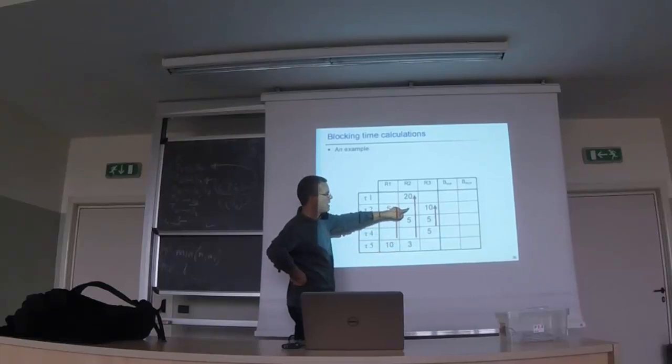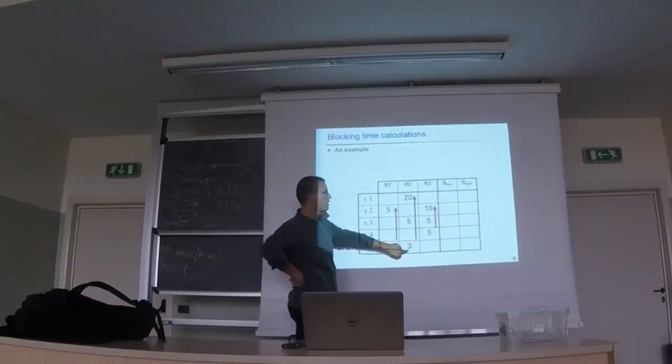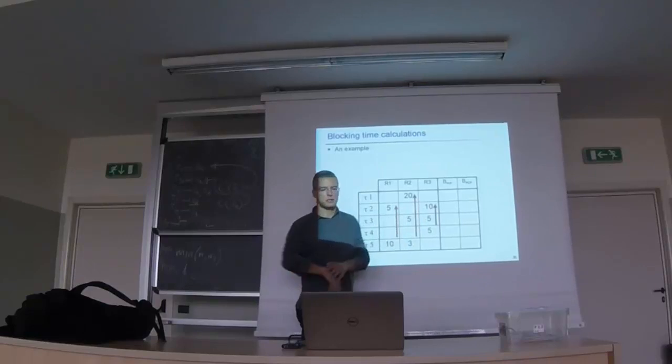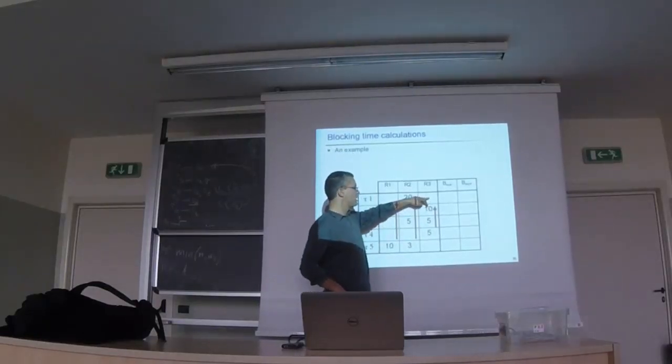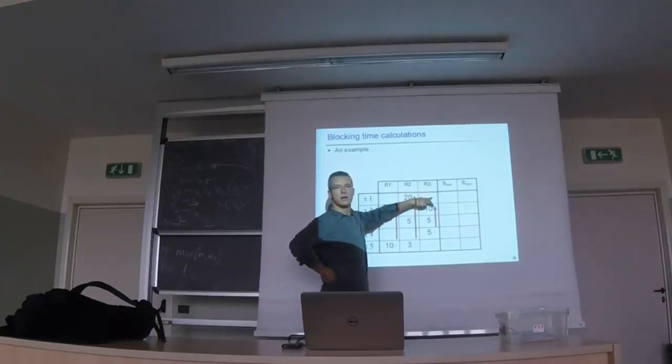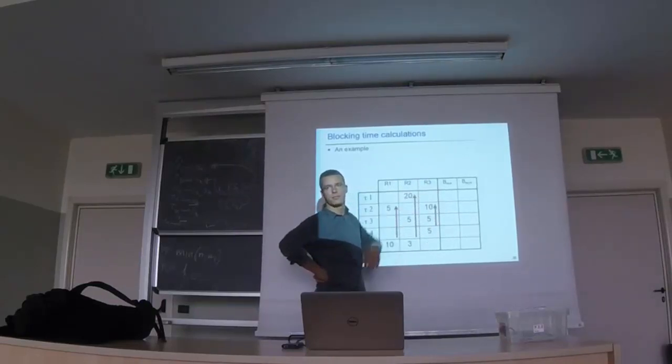Like this guy does not access R2, but it may be blocked due to R2 for 3 time units. And here, all of them access the resource. While it can never happen that tau 1 is blocked on R3, because there is no higher priority task that may push-through block it.